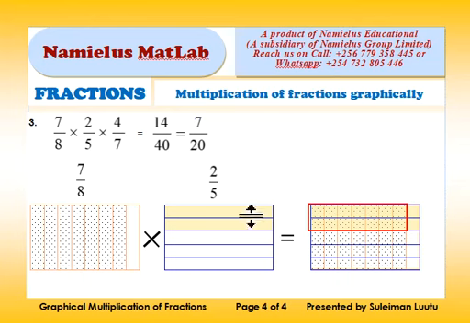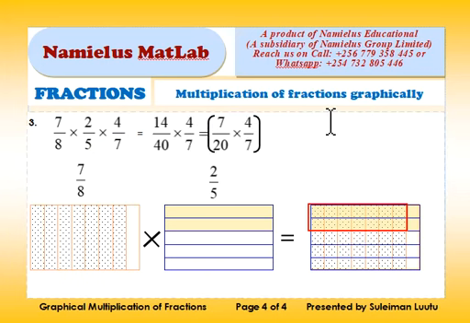So we now have 7 out of 20, which we have now to multiply with this one here. Tentatively, we are now going to work out 7 over 20, which we have obtained here, times 4 out of 7. So that is the next which we are going to work out.